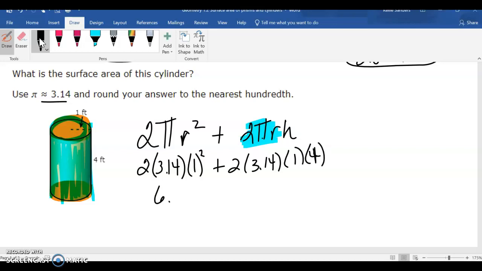So that's going to be 6.28 plus 25.12, which would be 31.4.